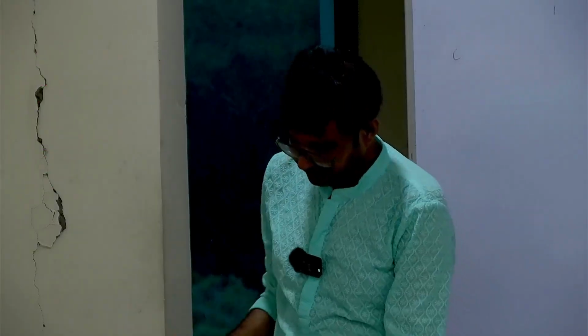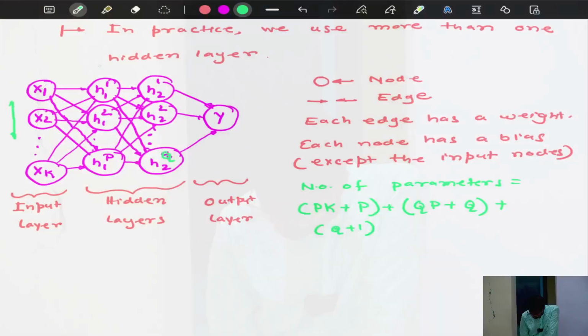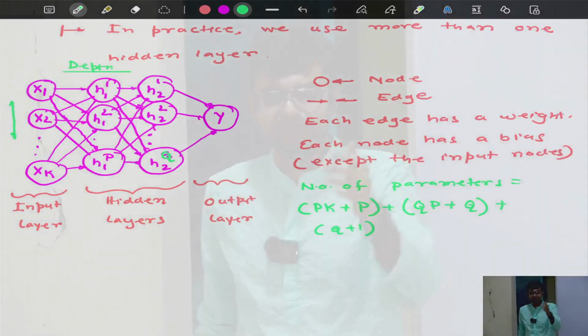And now the other one, this direction is called the depth of the network. So number of hidden layers increasing means the depth of the network is increasing. Number of nodes in a layer increasing means the width of that layer is increasing. Clear what is width, what is depth?